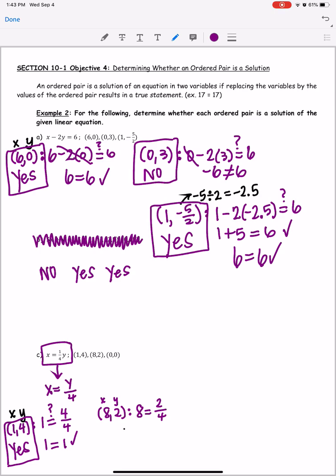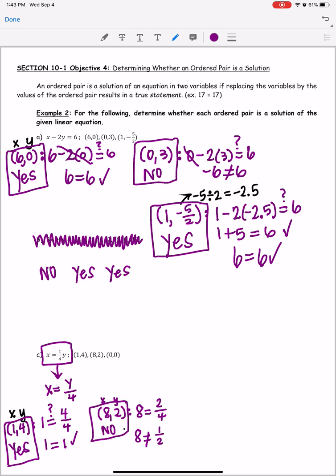Right here I can already tell it's not equal. The only thing you can kind of do is simplify it. 2 over 4 is 1/2, so you can go 8 equals 1/2 instead of 2 over 4, but either way, these are not equal, so this one is a no.